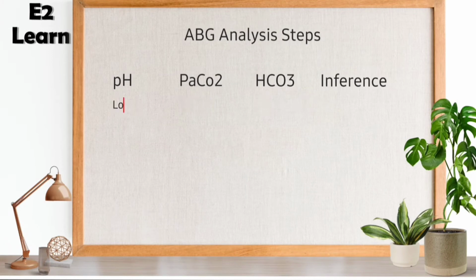Next, we understand how we correlate pH, PaCO2, and bicarbonate and infer their values. If the pH is low, the PaCO2 is high and the bicarbonate seems normal, then we can consider it to be a respiratory acidosis.